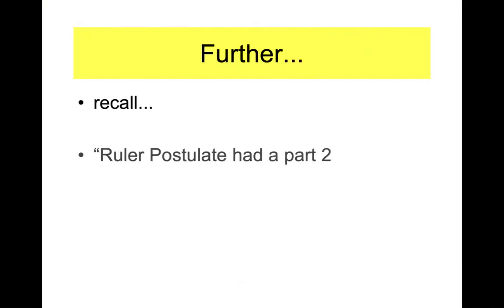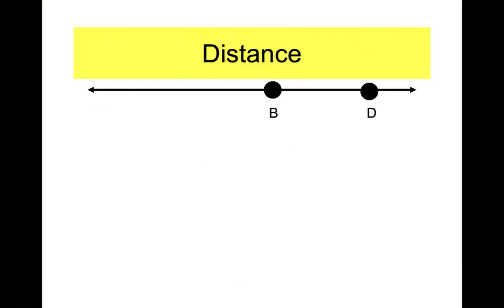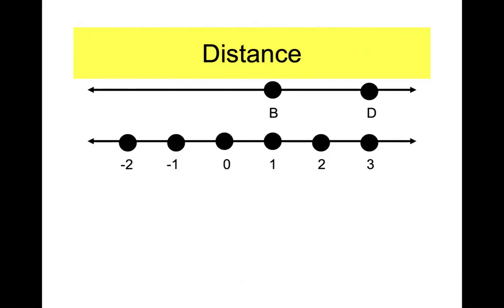Okay, recall that the ruler postulate had a second part. Part number one was just like the previous one, where it said a ruler can be created. But part number two stated that if you want to figure out the distance between B and D, you put your ruler up to it, you look at the points' values.